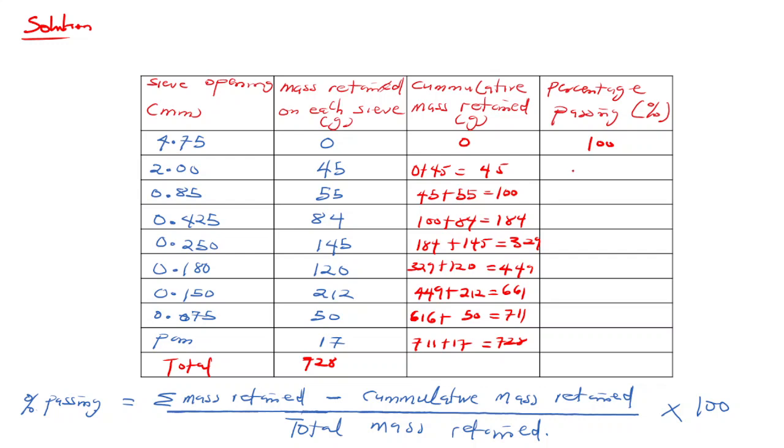You come here, you fill in 100, 93.8, 86.3, 74.7, 54.8, 38.3, 9.2, and 2.3, all in percentages. So we will take these values to plot our graph.